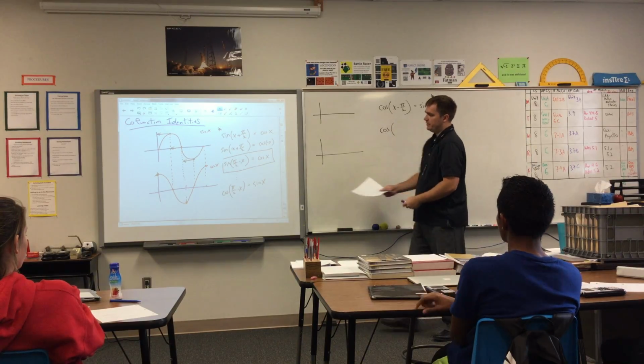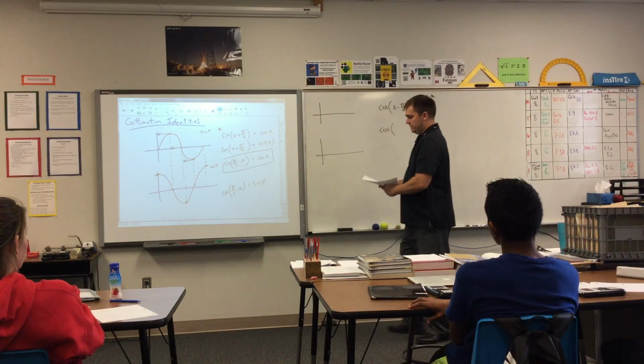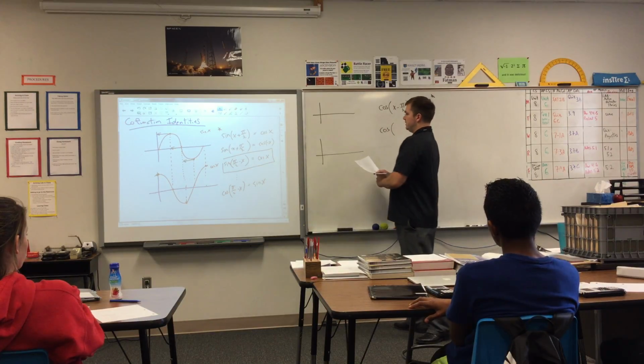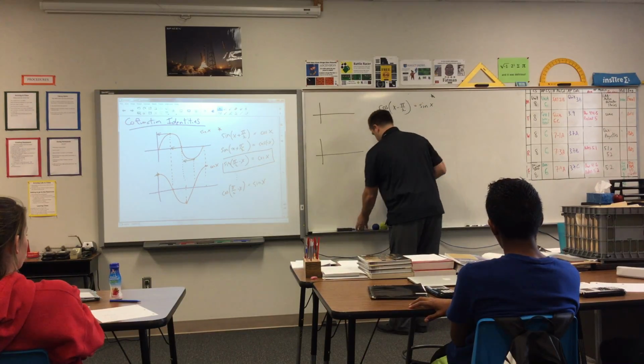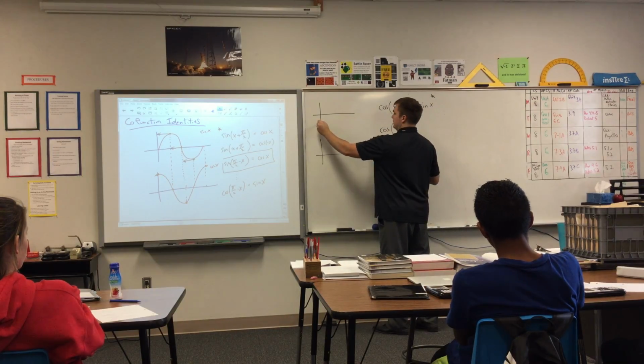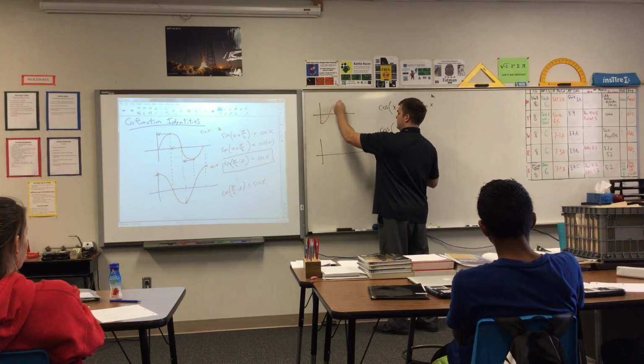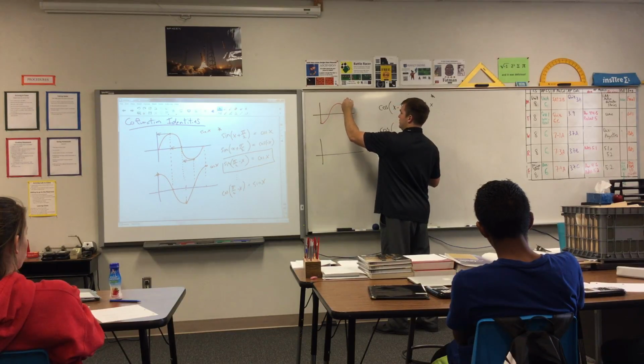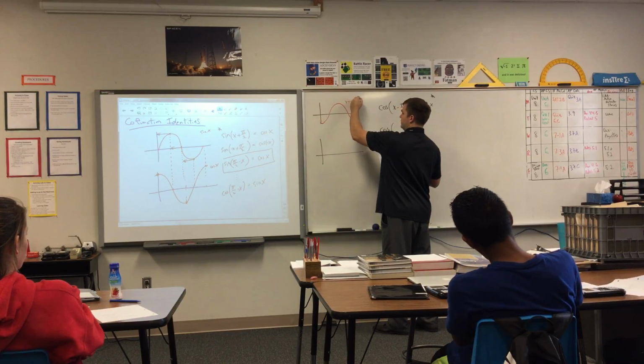Let me show you real briefly how you can get to that equation, and it involves a little bit of a weird thing. Drawing the negative cosine graph. It starts down here. Negative cosine x.